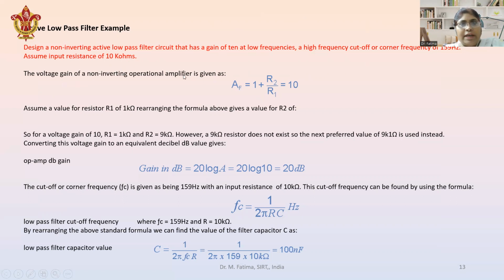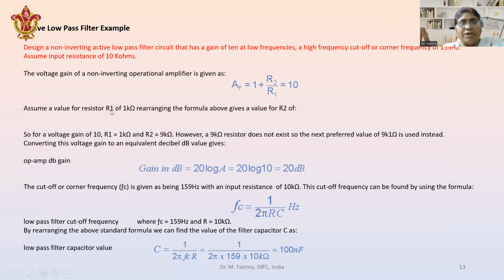So first of all, take the feedback gain AF equal to 1 plus RF upon R1, or R2 upon R1. This is given as a gain of 10. The 10 is given here. So take 1 towards the right hand side. So this becomes 9. So R2 upon R1 equal to 9. So R2 equal to 9 times R1.